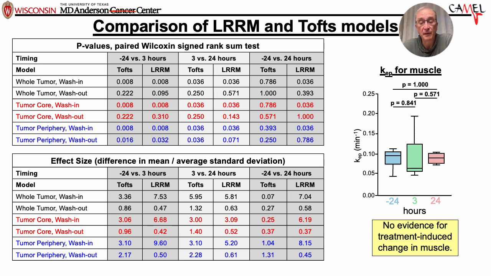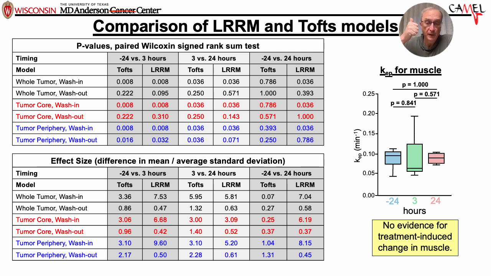However, the washout rates were actually more significant when determined from the Tofts model. And we believe that's because the washout rate from the muscle is relatively slow, so that comparative washout rate calculated for the tumor relative to the muscle is a little more challenging to do than just calculating the washout rate from the tumor to the AIF when using the Tofts model.